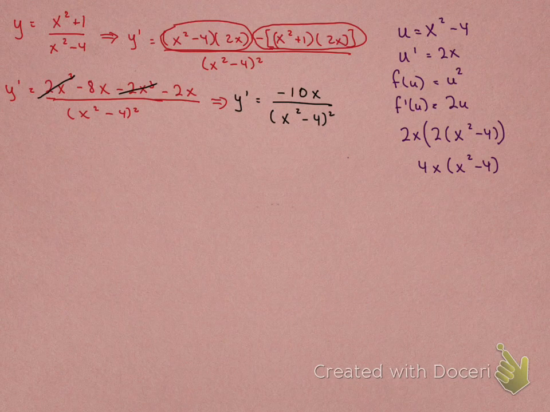Okay, so now we will move on to the second derivative. Y double prime is equal to the denominator times the derivative of the numerator minus the numerator times the derivative of the denominator.